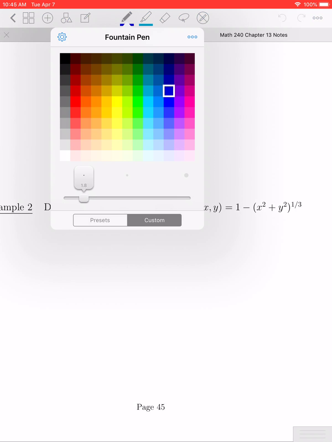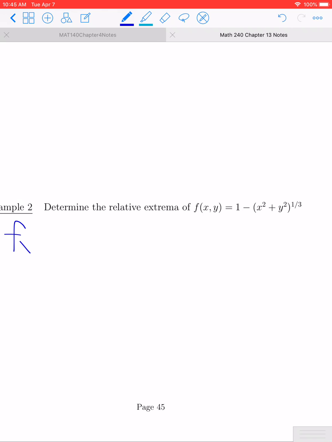Let's go ahead and calculate f partial x. The partial derivative of f with respect to x is going to be equal to the derivative of the constant 1, which is 0. We would bring the 1/3 power down, reduce the power by 1. 1/3 minus 1 is negative 2/3. Leave the inside function alone.